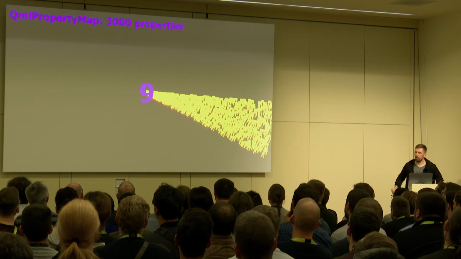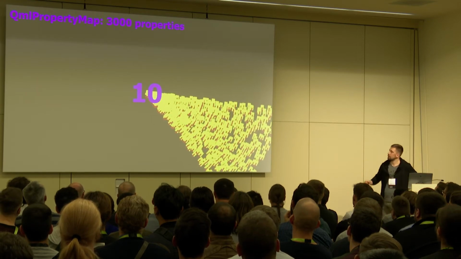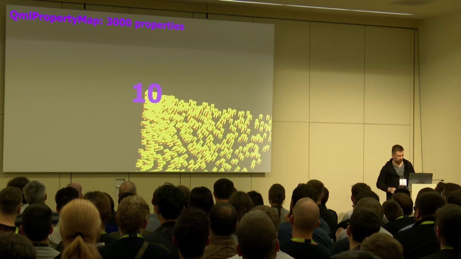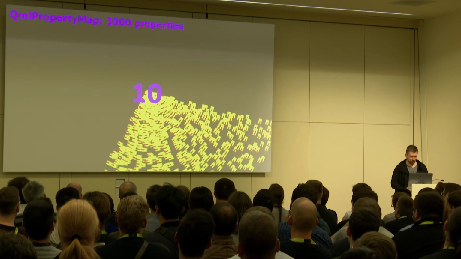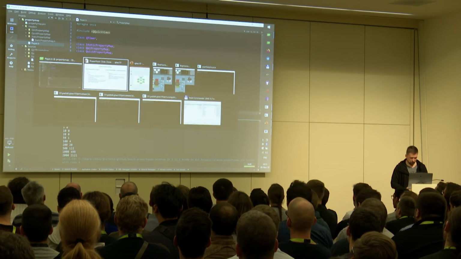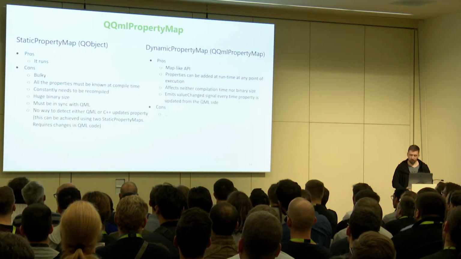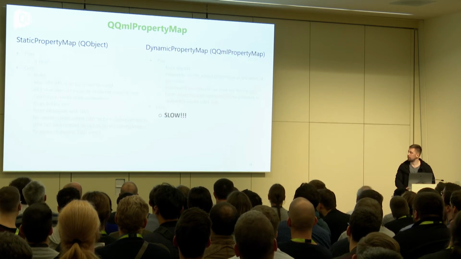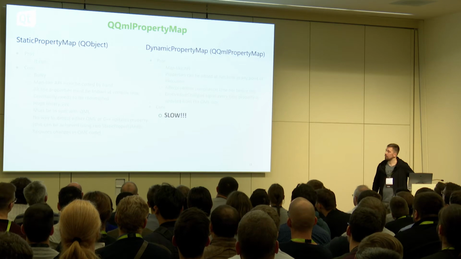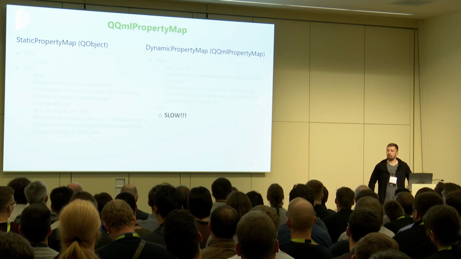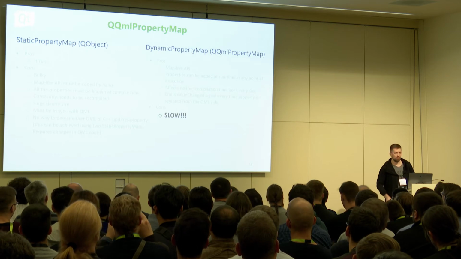See? I think it's all obvious. We have a little issue here called performance. So, the con of QQmlPropertyMap: it's bloody slow. Performance is more like health. It's unnoticeable until it starts to bother you.